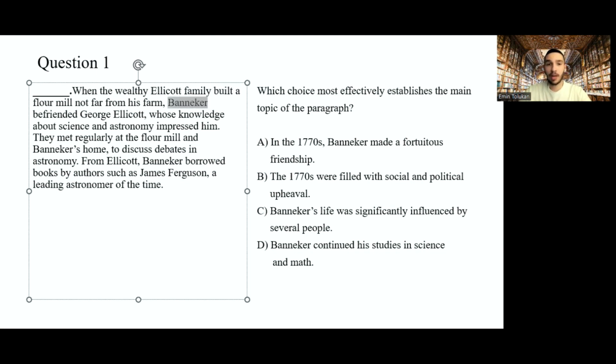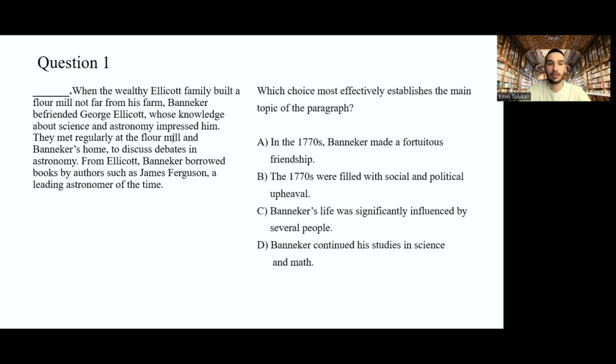So this person, Banneker, befriends George Ellicott, whose knowledge about science and astronomy impressed him. So George Ellicott's knowledge about science and astronomy impressed Banneker. We are referring to Banneker as his and him. Okay, so Banneker is the subject here that we're referring to with pronouns. Cool. So they became friends. To befriend somebody means to become friends with somebody.